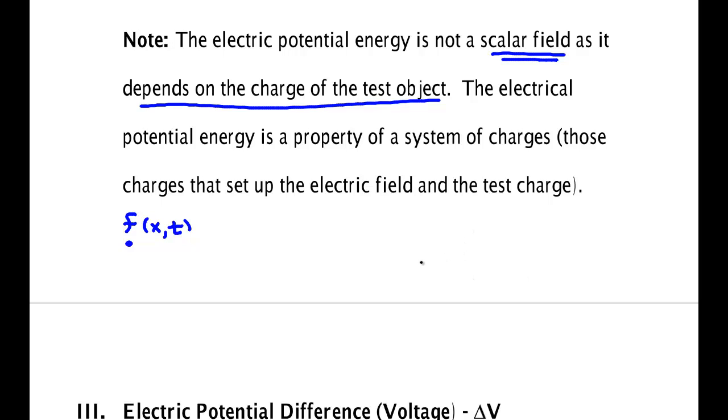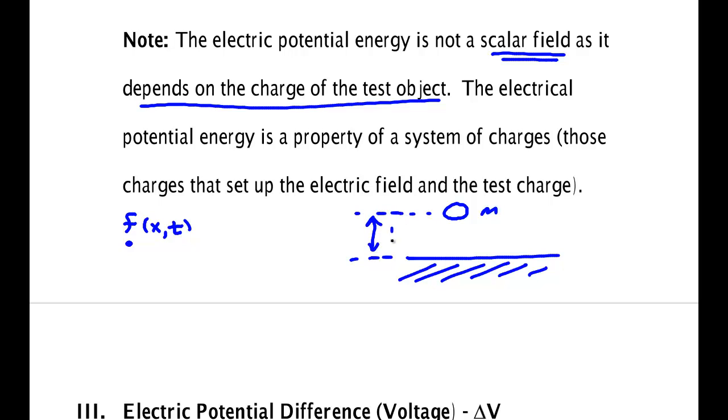Let me give you another example in terms of something you're more familiar with, gravity. If you take a mass here and you raise it some height, h, and you define this to be y equals 0, the potential energy is mgh. It doesn't just depend on the spot. It depends upon this mass. So the value would be different depending on what mass you put there.